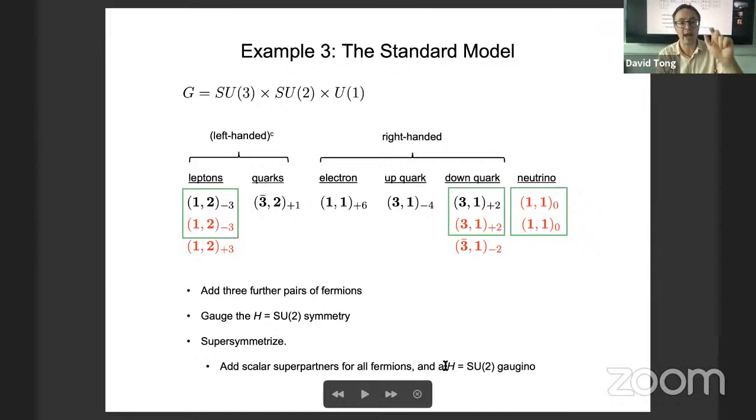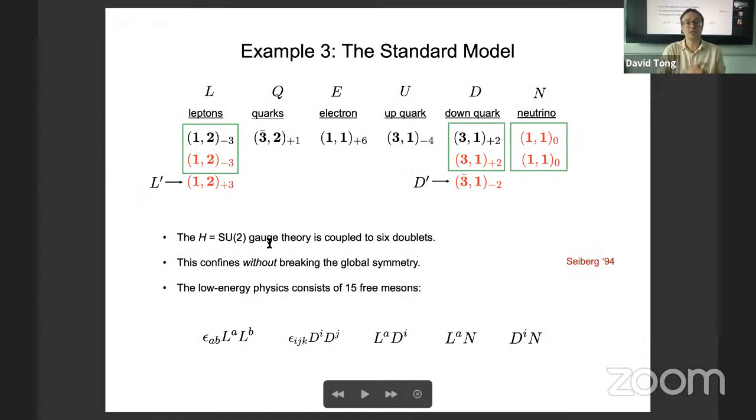In addition, we add an extra adjoint fermion, which is neutral under G, but is going to be the gaugino for H equals SU2. So the upshot is when you add these extra fields, you have SU2 coupled to 6 doublets. This is one of the class of theories that Seiberg solved in his original paper on Seiberg duality.